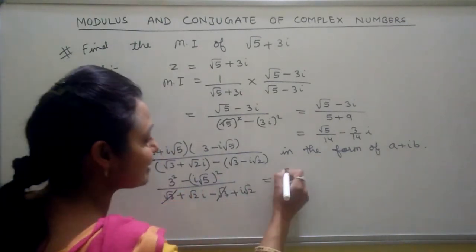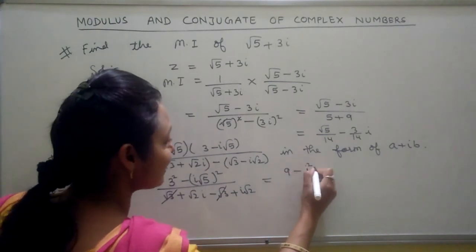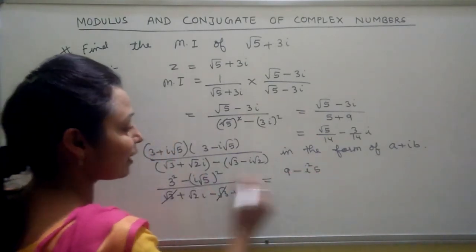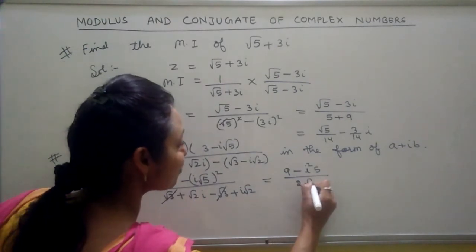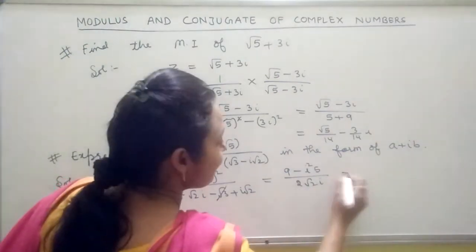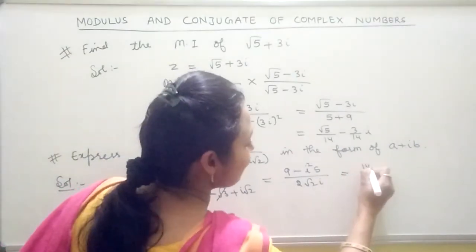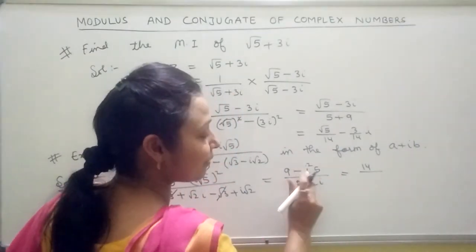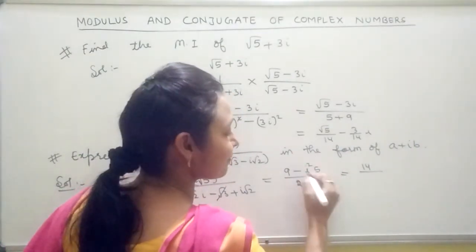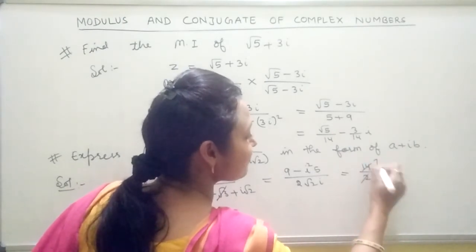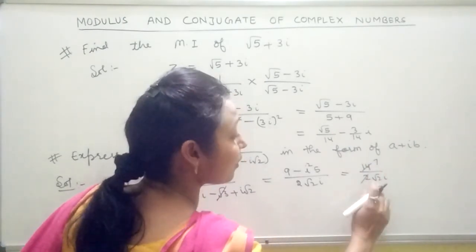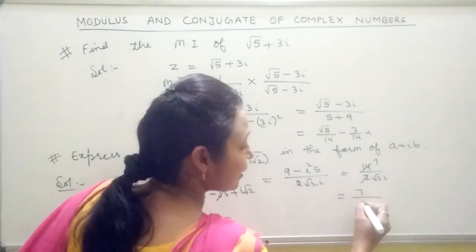We have 3 threes are 9 minus iota square 5, because root square and root cancel, and in the denominator we have 2 root 2 iota. 9 plus 5 is 14, because iota square is negative 1, so the negative and positive combine. Now we don't want iota in the denominator.